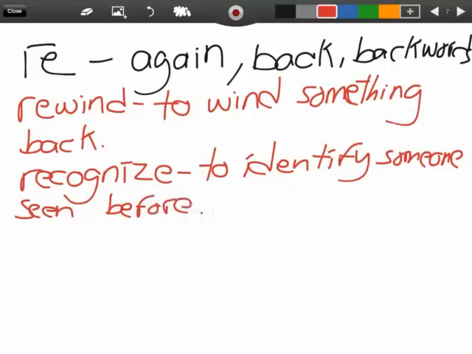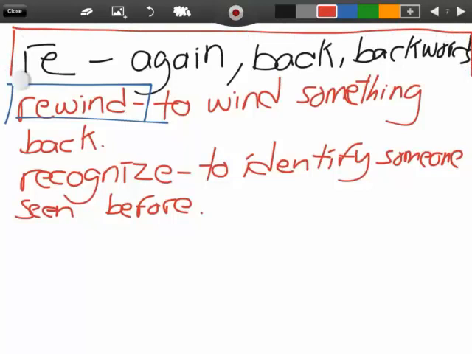I'm going to go ahead and use rewind in a sentence. Before I move on, I would like to point this out. This is a very important root, so I'm going to go ahead and put a star here. Right, now let's form our sentence.